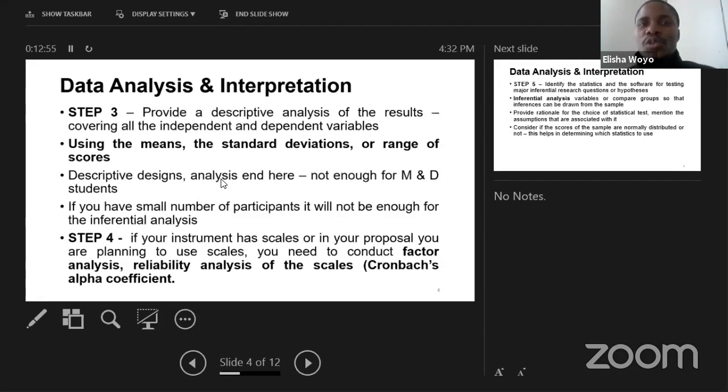It ends there, and you don't get a good sense of what this result means. Can we generalize it? What inferences can we make from this?